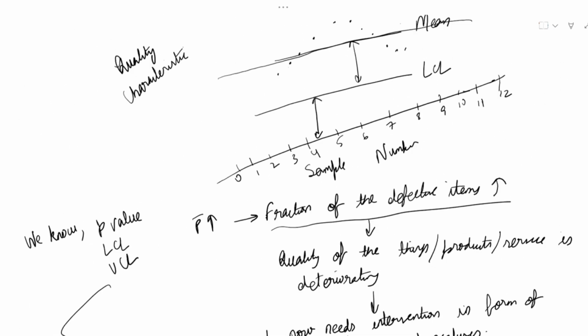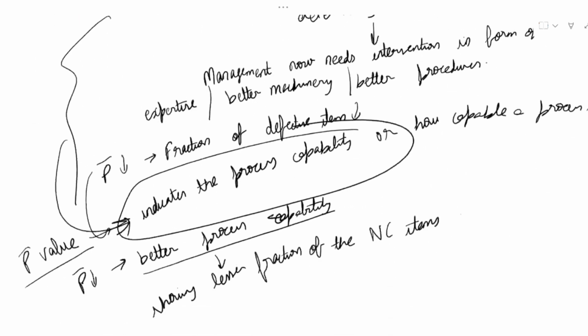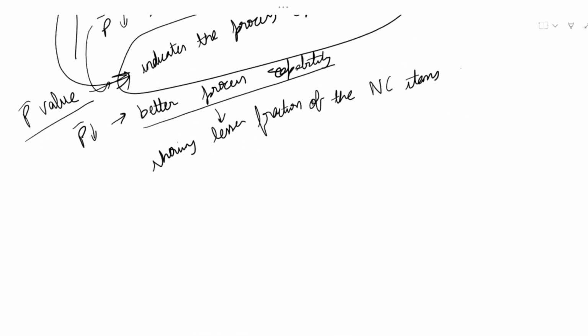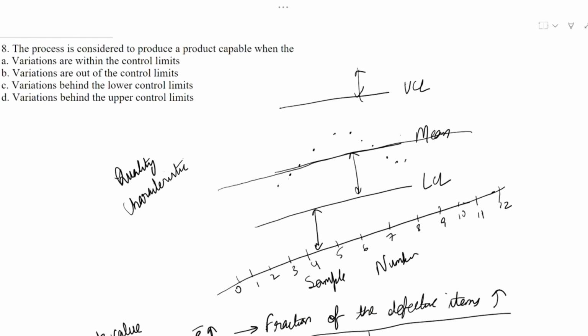So this was about how the process is capable and considered to produce a capable product. The correct option according to all this is that the variations are within the control limit.